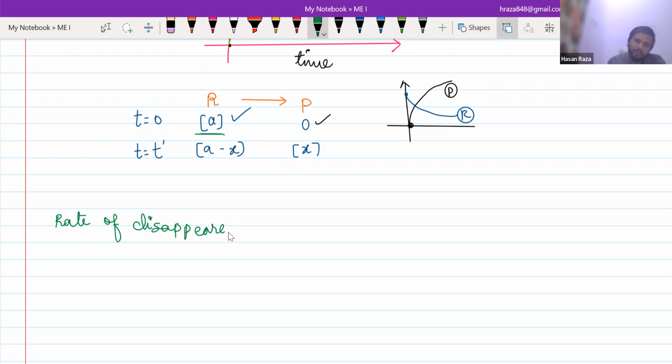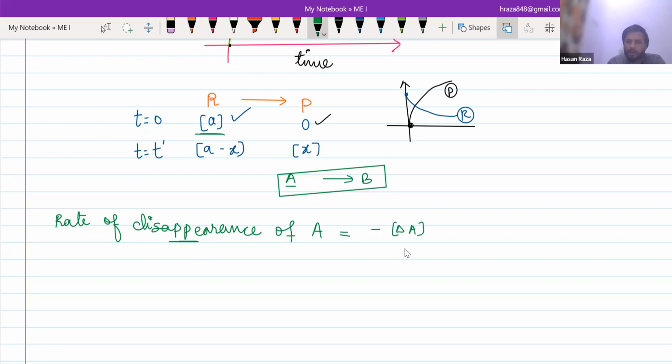Let's say an example: A is converting into B. We will use this disappearance term for A because it is the reactant. So it will be minus change in concentration, minus delta A upon delta t.